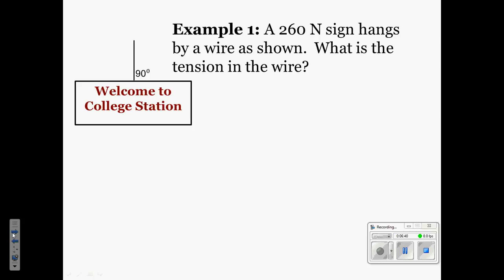Well, remember when we did our free body diagrams, we know that the sign is 260 newtons. So that is its F of G, the force that gravity is putting on it, 260 newtons. And so there is a tension force from the wire of 260 newtons as well.